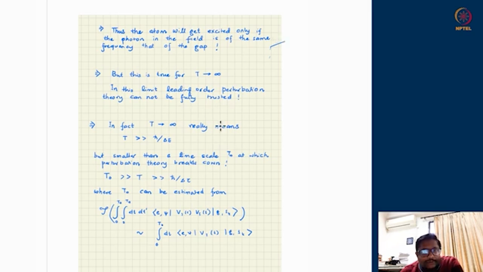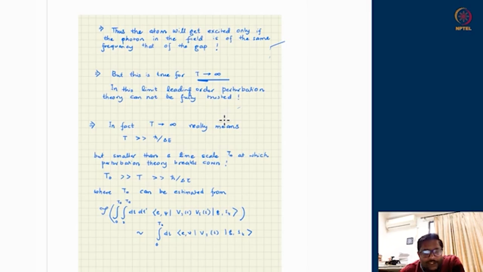However, we have computed this for the long time average, t tending to infinity. In the long time average, we cannot just rely on the leading order perturbation theory. Remember, when we started with the time ordered exponential, we truncated the higher order contributions, saying that the leading order contribution is the dominant one.